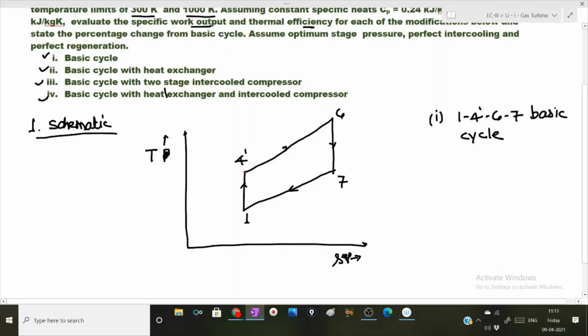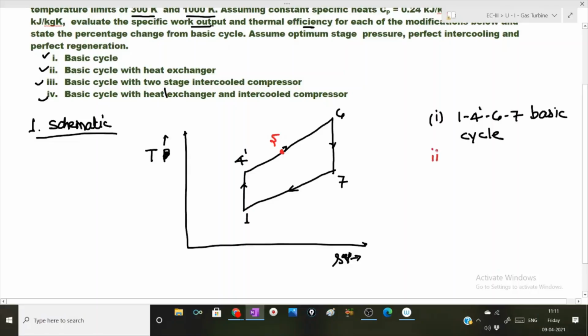So this compressed air is being preheated with the help of exhaust gases from the turbine from the state 2, and because of this preheating temperature is increased. So let's say temperature is increased up to 5 state.